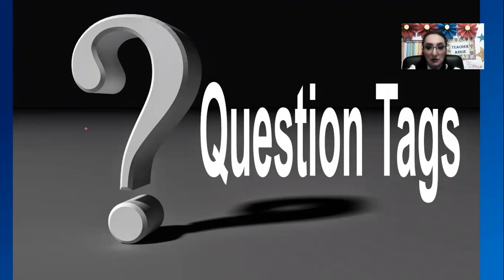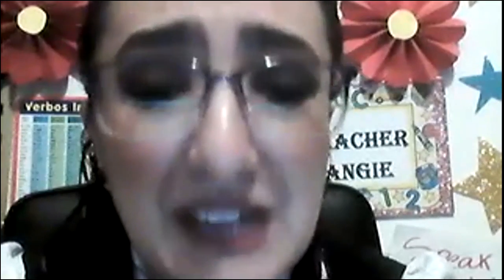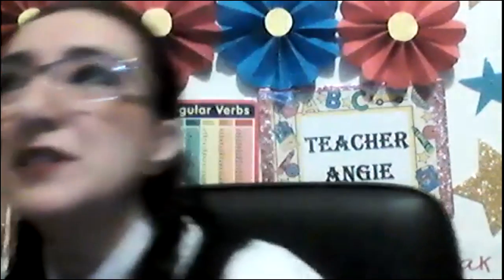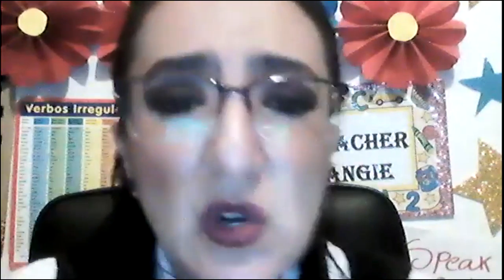We are going to be reviewing question tags. That is an important topic. But till this moment, what do you think about regular and irregular verbs? Were they easy? We are going to be practicing, don't worry. Maybe it is something that you already know, but we need to continue practicing in order to avoid forgetting something about that.